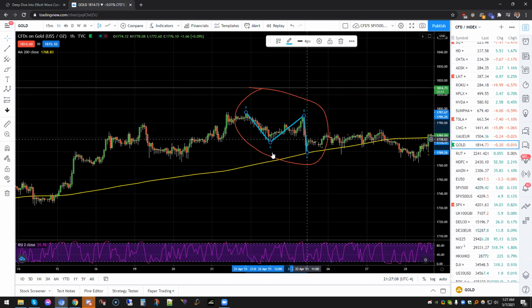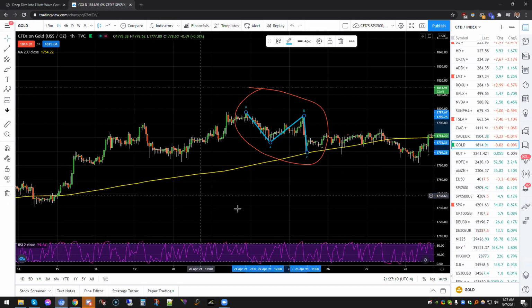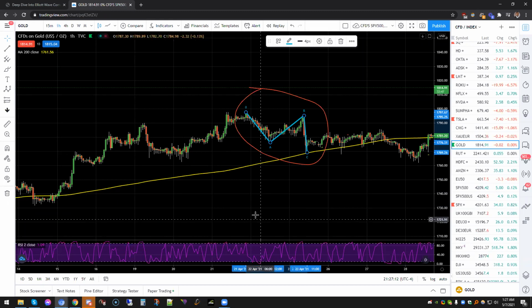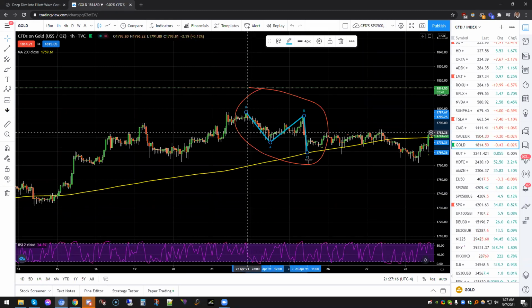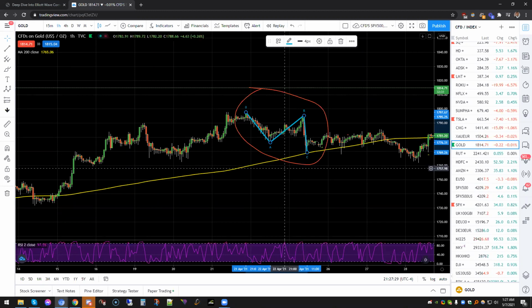Okay. Do you guys think that it would be difficult or easy for you to identify these patterns when you look at your chart? What do you guys think?